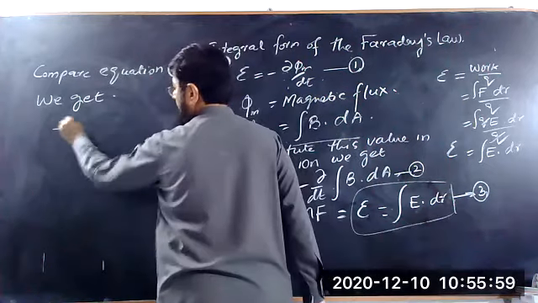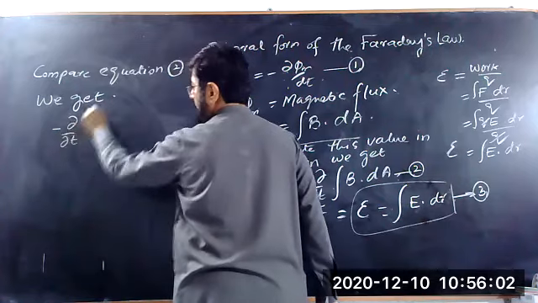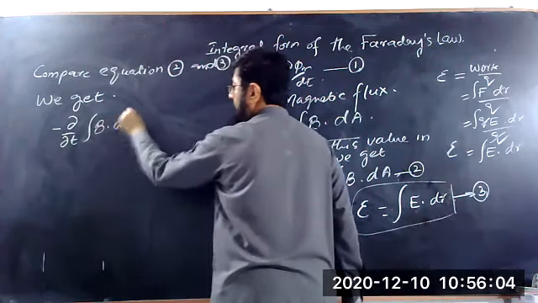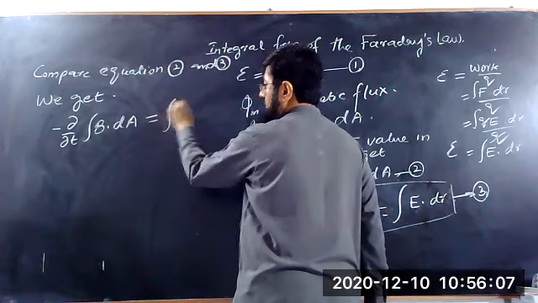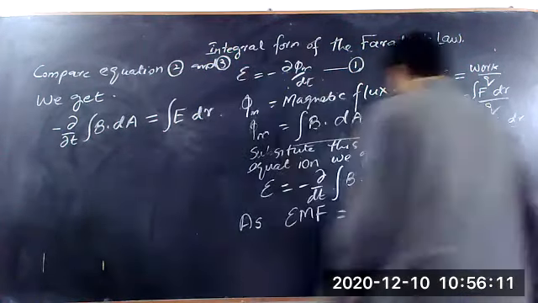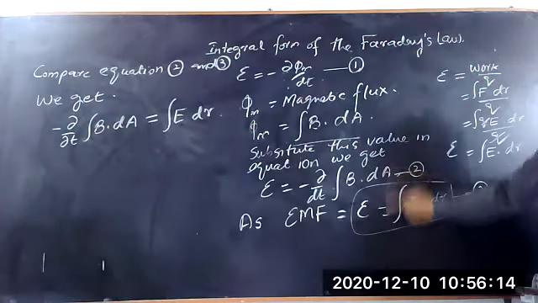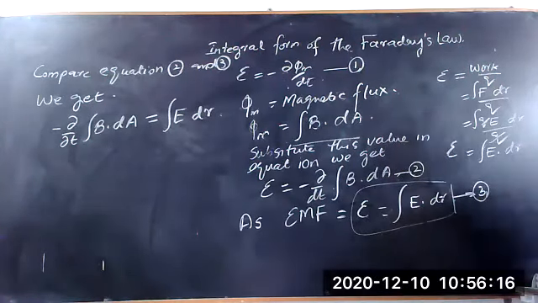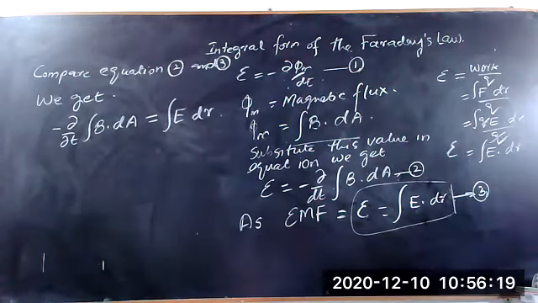Minus d over dt of the integral of B dot dA is equal to the integral of E dot dr. We have compared these two equations. So this is known as the integral form of Faraday's law of electromagnetic induction.